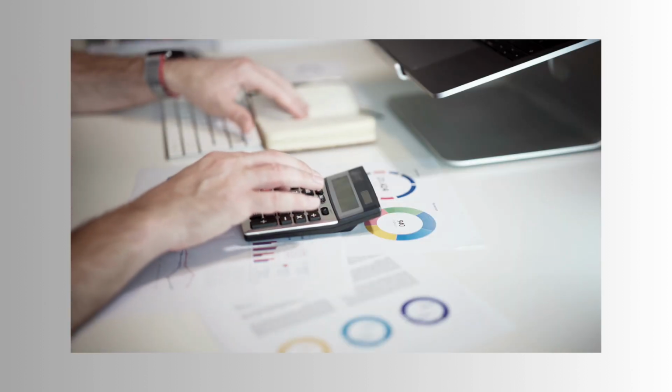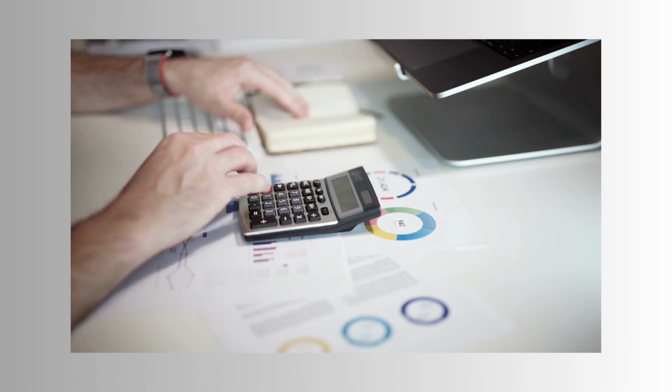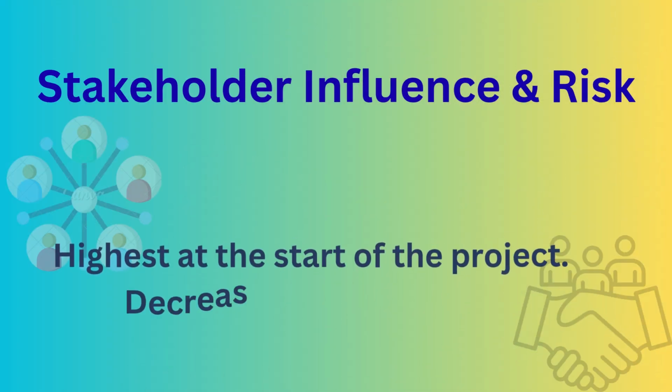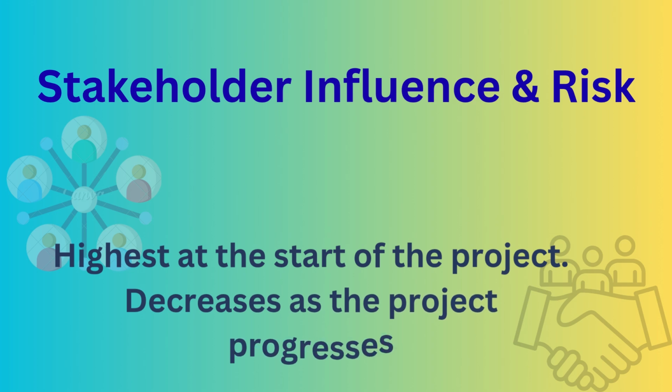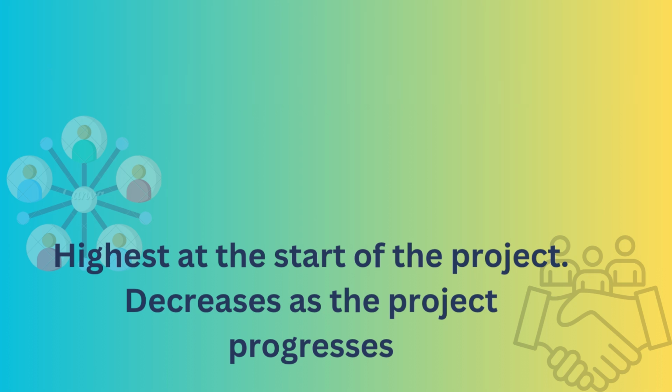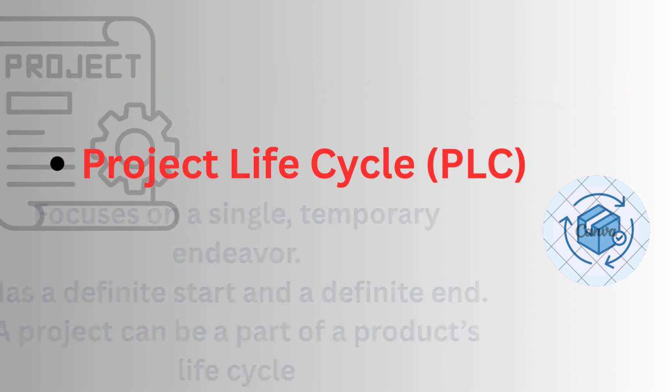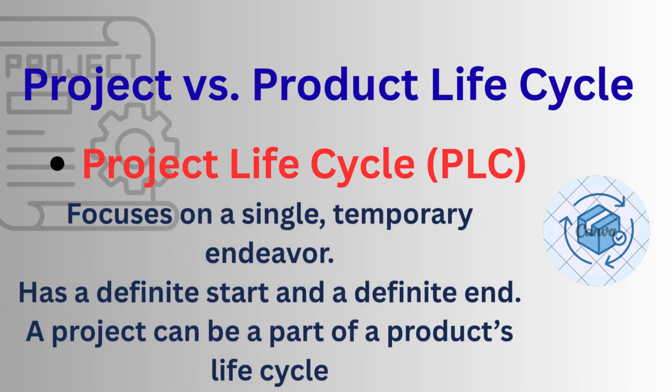Conversely, the influence of stakeholders and the level of risk and uncertainty are at their highest at the start of the project. As the project becomes more defined and progresses through its phases, the uncertainty and the stakeholders' ability to influence the final outcome decrease.